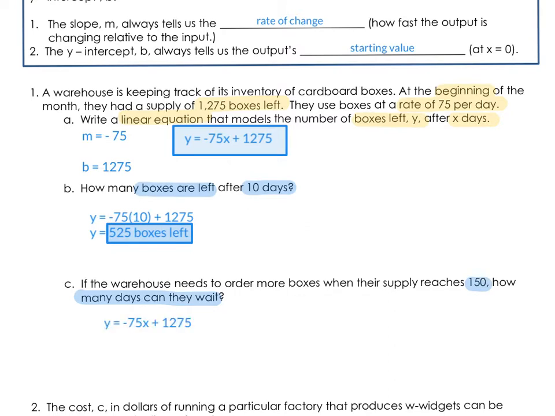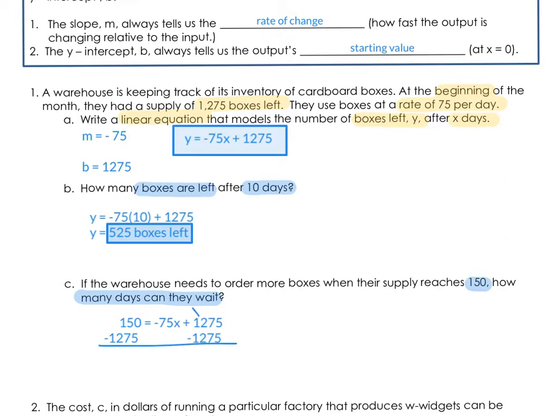Again, I started out with just copying my same formula from up above, the original equation of the line, and now I'm going to replace the 150 in place of the y value, so I can use this formula to solve for x. To solve for x, I'm going to first bring the constant over since the x's are already only on one side, so I'm going to subtract 1,275 from both sides.